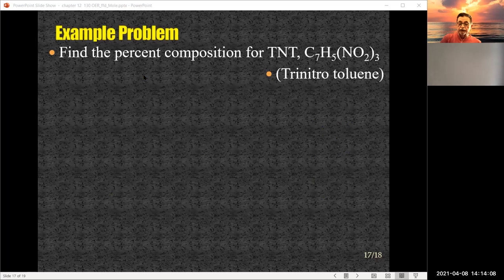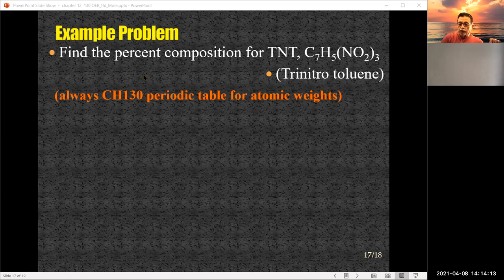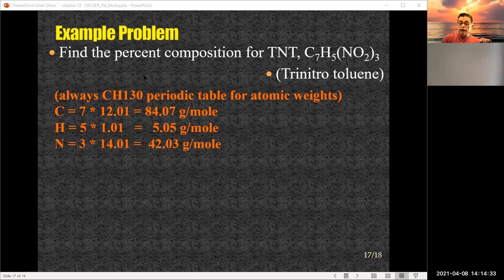Now to calculate the percent composition, we first figure out the total molar mass, always using the Chem 130 atomic weights. Carbon is 12.01, and there are 7 of them, so that's a total of 84.07 grams per mole for the carbon. Hydrogen, there are 5 at 1.01 each, a total of 5.05.